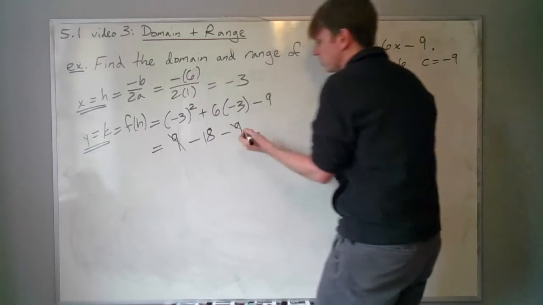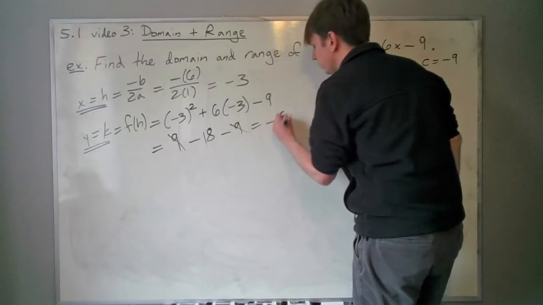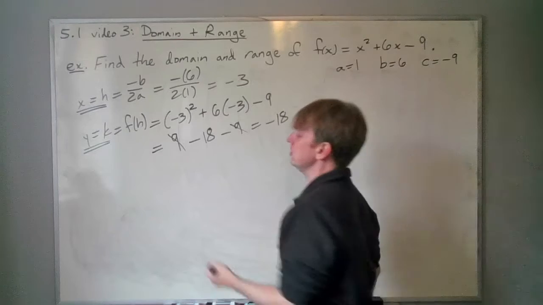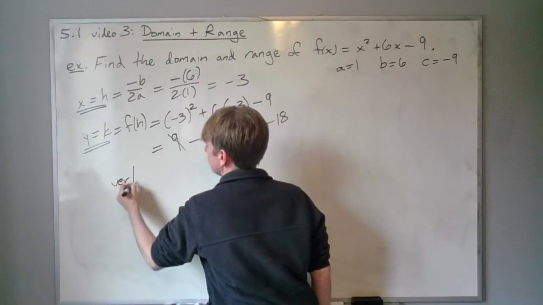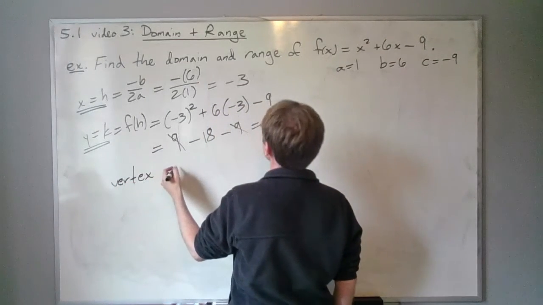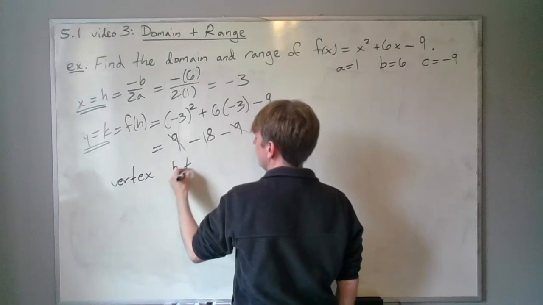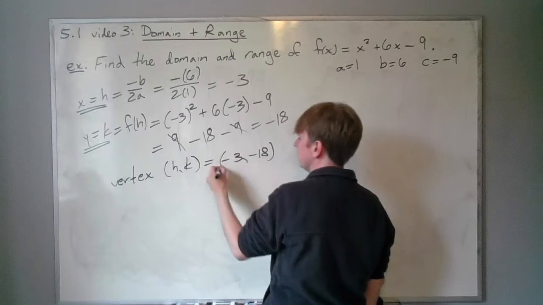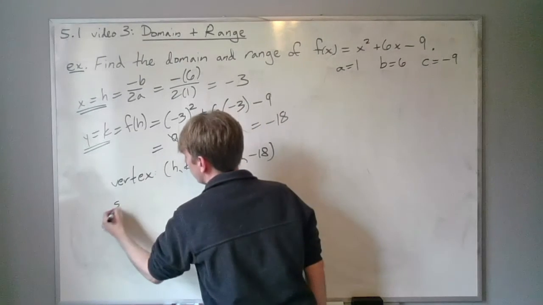And notice that the 9s will cancel and we get -18. Okay, so right there I can say what the vertex is. h comma k is -3 comma -18.